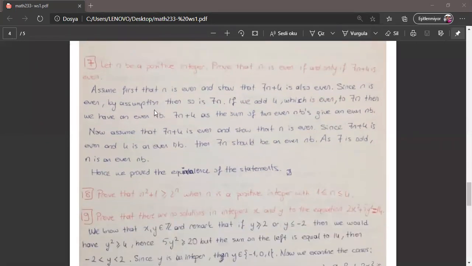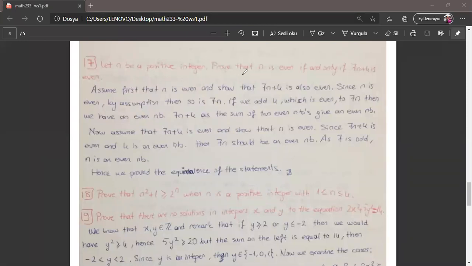So what about this question? Now again, we assume n is a positive integer. Now we assume n is an integer and it's greater than 0. Now we want to prove that n is even if and only if 7n plus 4 is even.